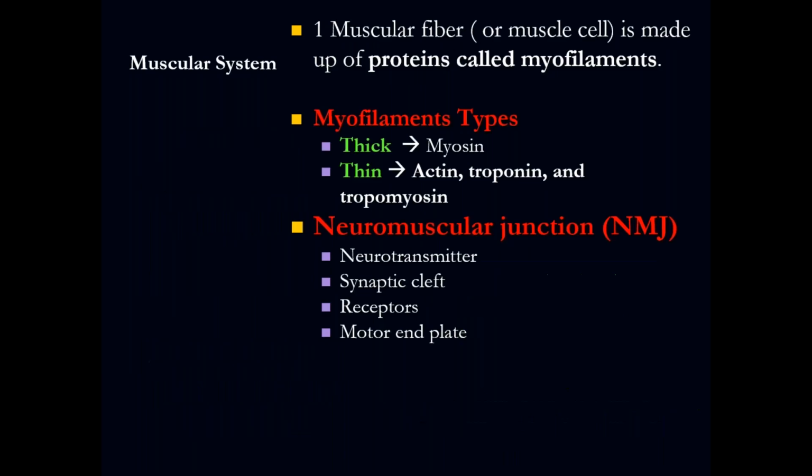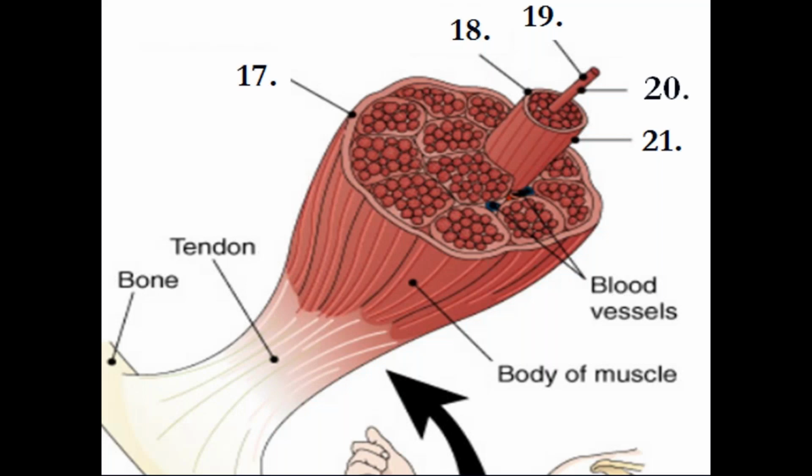Another thing I forgot to go over: this is one fiber, only this. It's like one pencil is one fiber, that is one cell. The group of pencils together is called a fascicle. All these groups of fibers are fascicles, and all the fascicles together compose what we call a muscle.